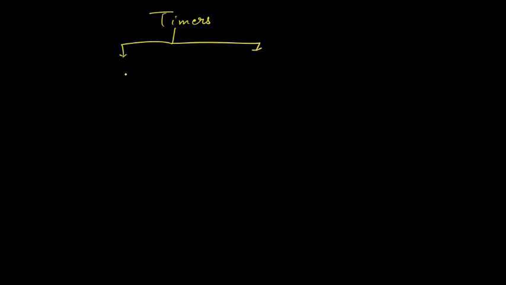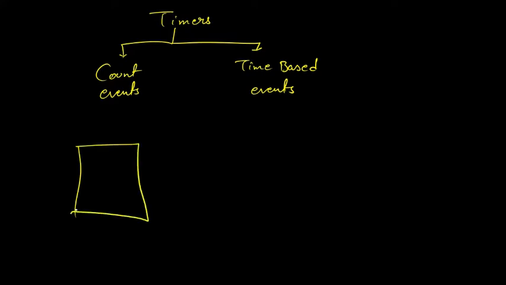Timers are devices that can do two types of tasks. One is they can count events, and secondly, they can generate time based events. When we say count events, for example, you have a microcontroller and a switch, assume I am keeping it pull up, and then this can go to a timer or counter.